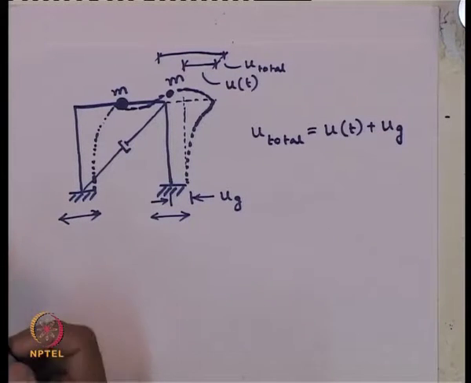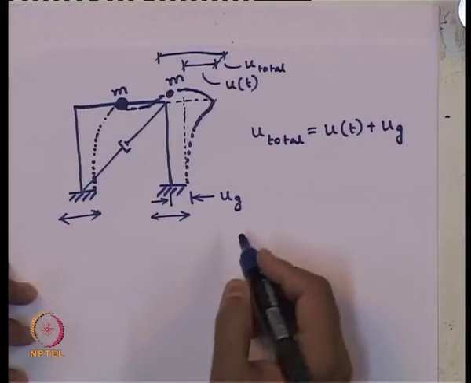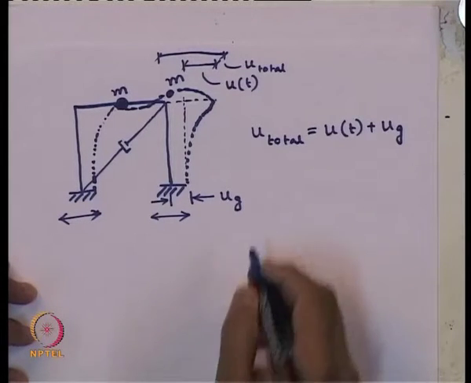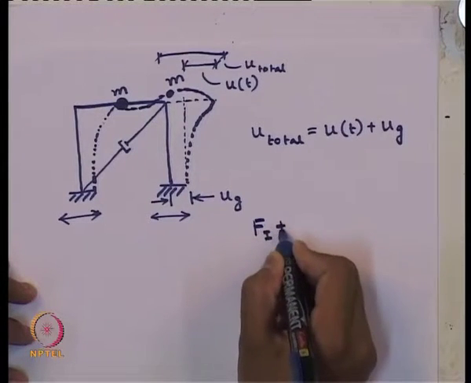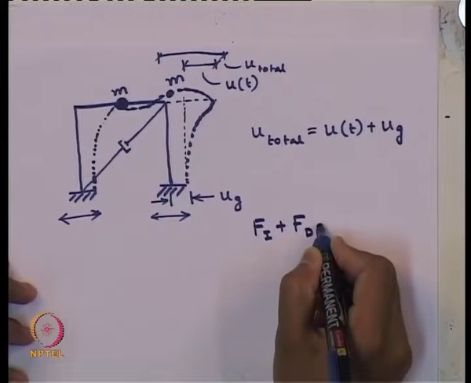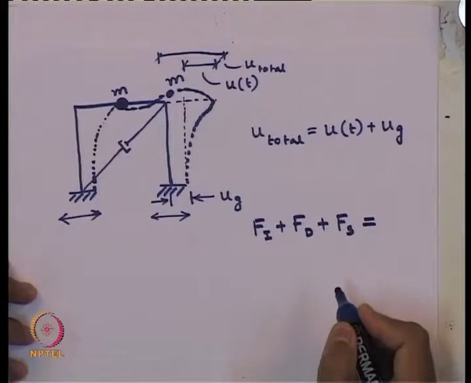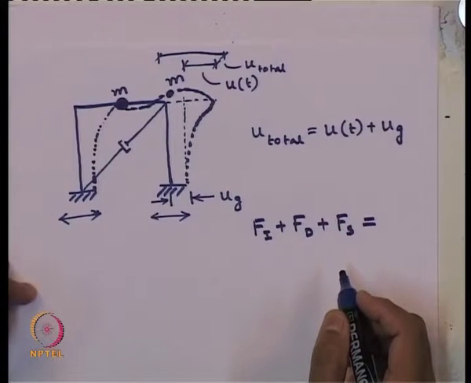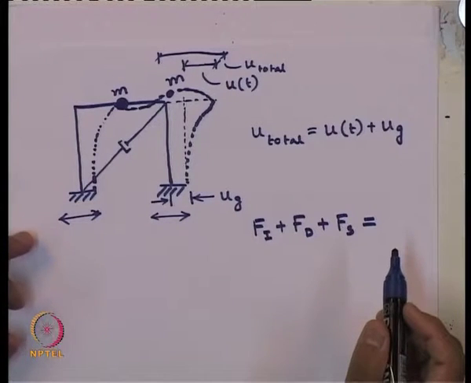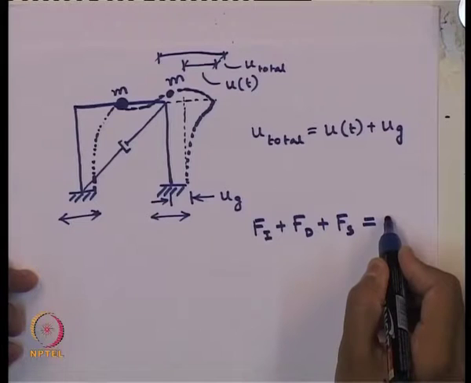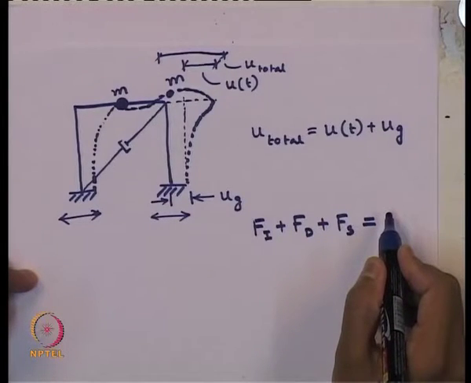Now, when we write our equation of motion from the free body diagram using D'Alembert's principle, what we know is, the inertia force plus the damper force plus the spring force equals to what, when the system is subjected to earthquake motion? On the right hand side, should it be 0 or f of t?